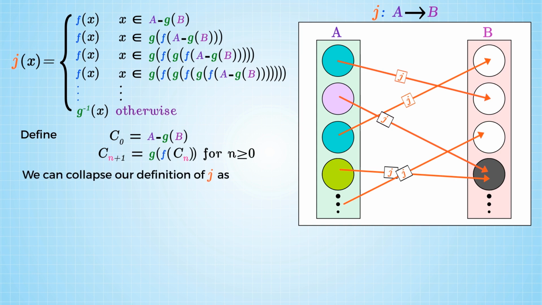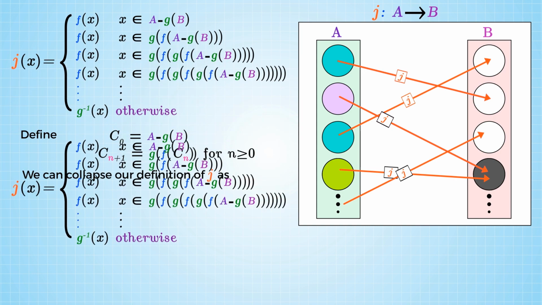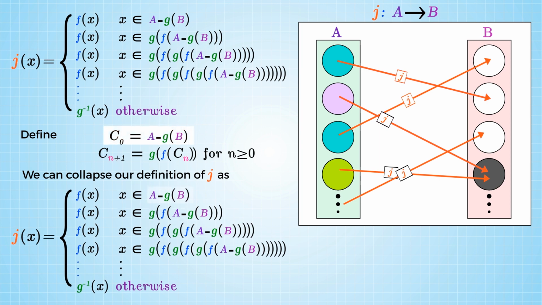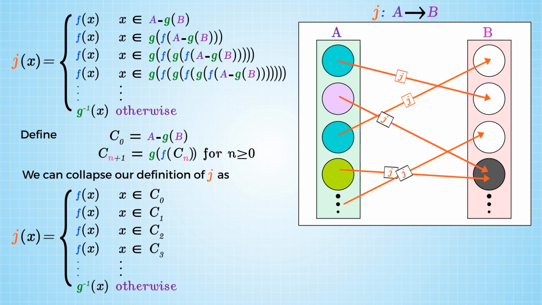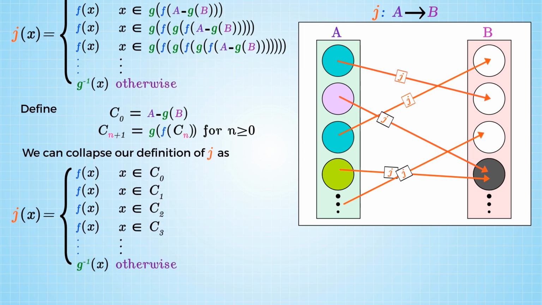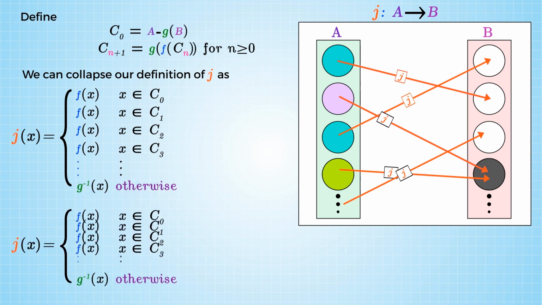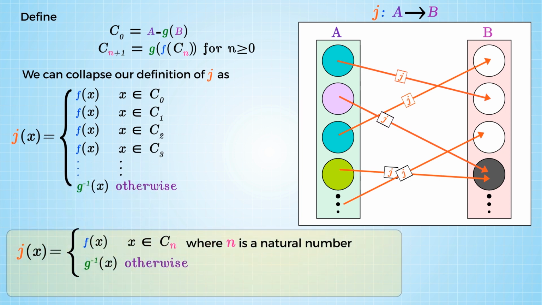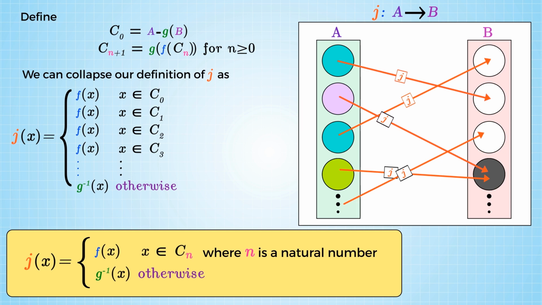Then we can collapse our definition of J as F(x) when x is in C0, F(x) when x is in C1, F(x) when x is in C2, and so forth, and G inverse otherwise. But this just becomes F(x) when x is in Cn, where n is a natural number, or G inverse otherwise. Now that we have a worthy candidate for a bijection, let's prove it actually works.